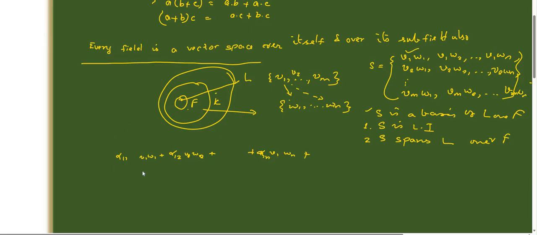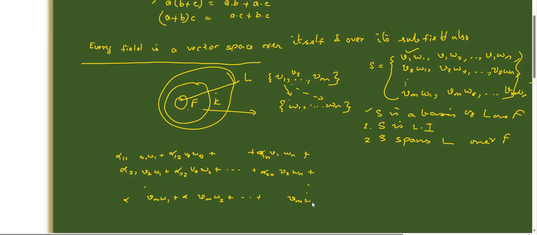Similarly, the second row: V2W1, V2W2, and so on, V2Wn, with coefficients alpha 2 1, alpha 2 2, and so on, alpha 2n, plus, and so on.